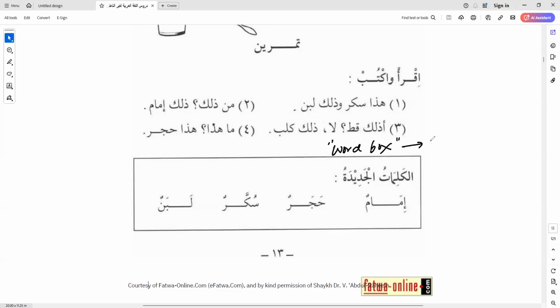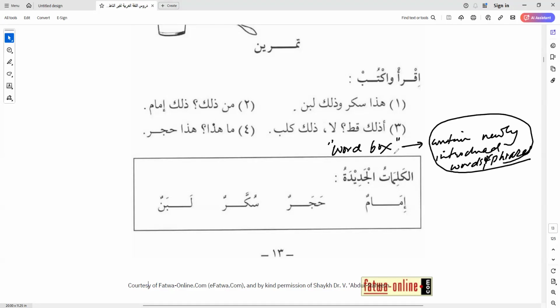And the word box contains newly introduced words, phrases, right? They contain newly introduced words or phrases.